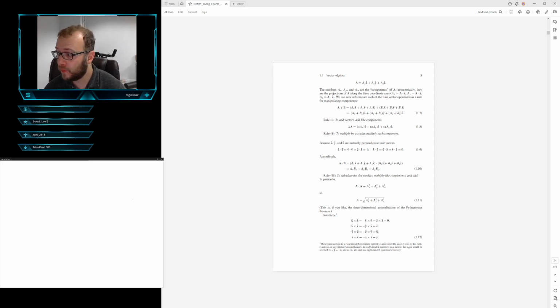So, looking at our book, we have the definition of cross products of the unit vectors. And I want you to go out and show this to yourself.